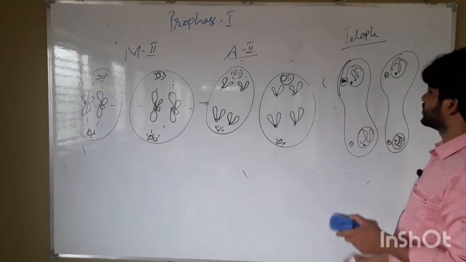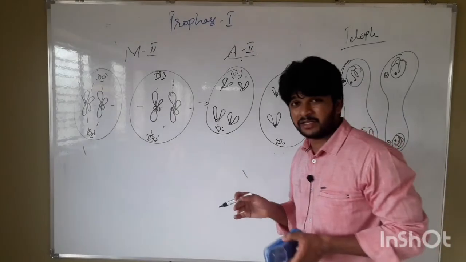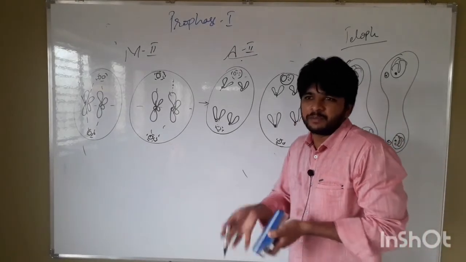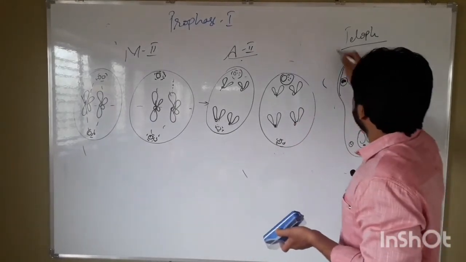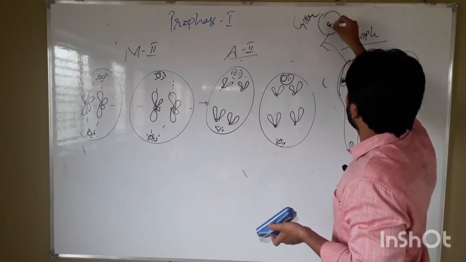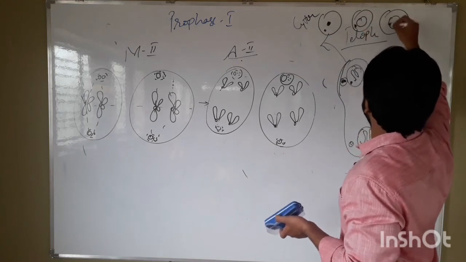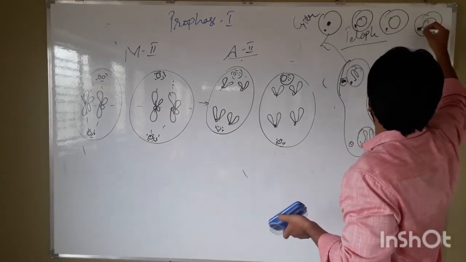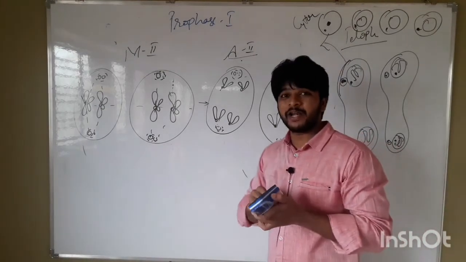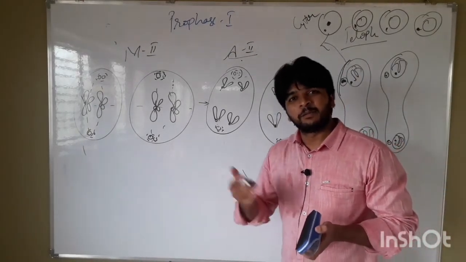Decondensation of chromosomes starts, and it forms DNA, and again it enters cytokinesis 2, and finally 4 haploid cells are formed. 4 haploid cells are formed during meiosis.